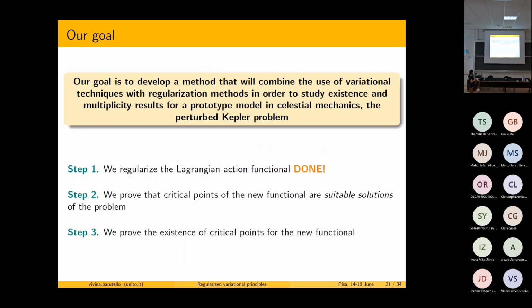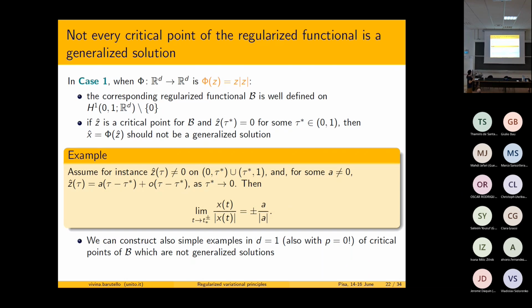So the second step is to find the link between critical points of the regularized functional and the generalized solutions. Okay. Also, this link is not so straightforward because you can construct a counterexample, a very simple counterexample, like the one that I brought here, for which you have critical points of the new functional, but this critical point does not preserve the direction.